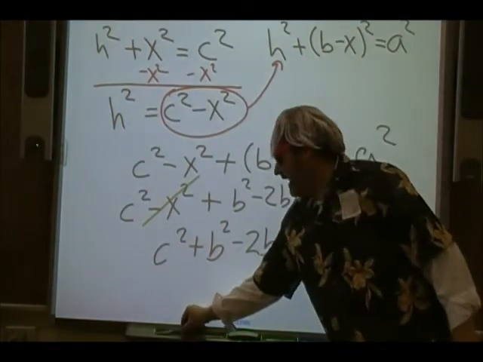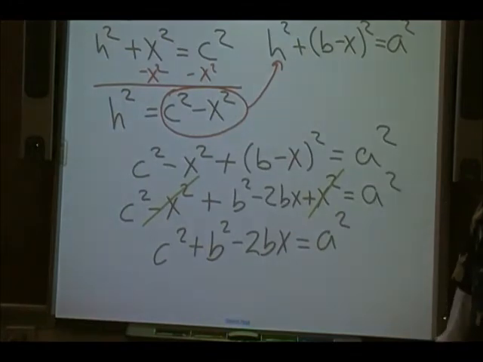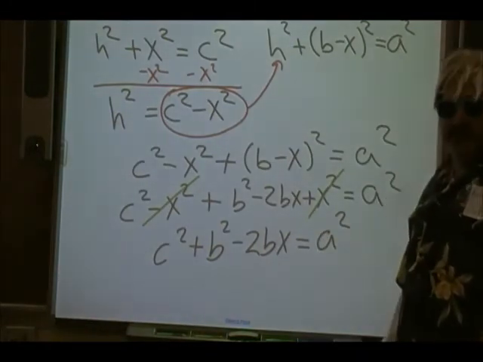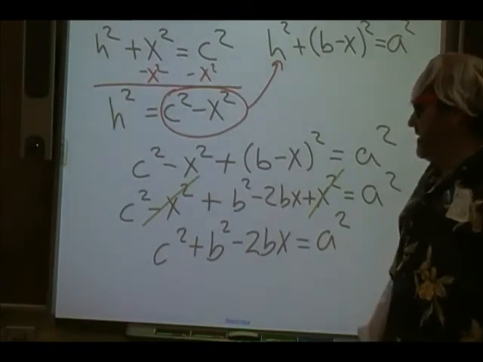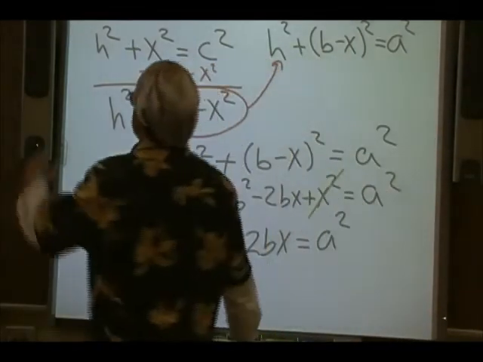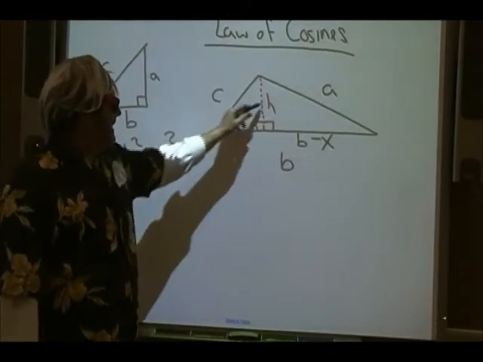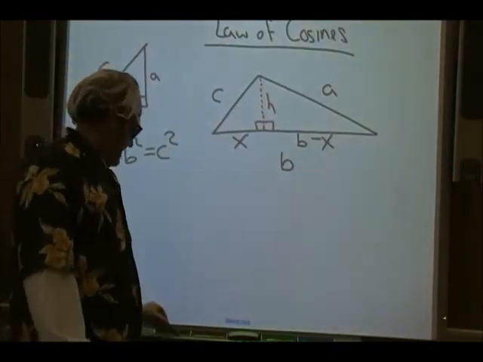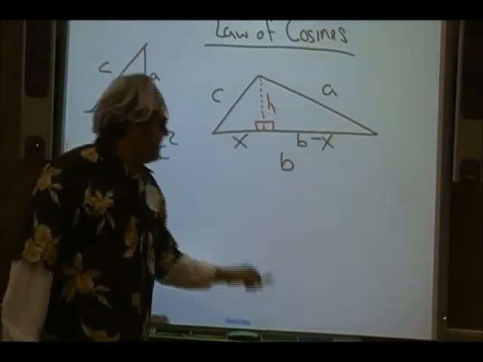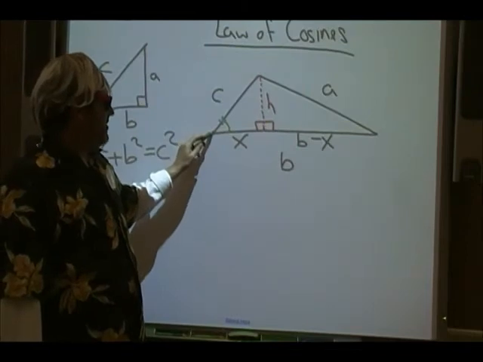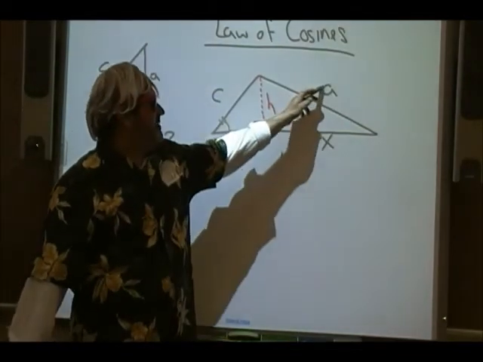Now, I got my ABCs going very nicely, but that x is bothering me. So let's see if we can figure out what the x is. Well, looking at this picture right here, I can see that I need this angle. What I'm going to call this angle, the vertex is opposite the side.